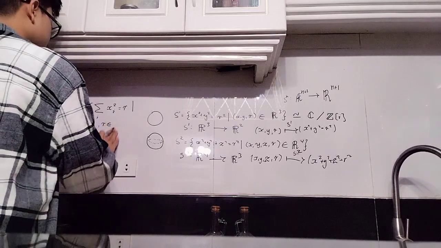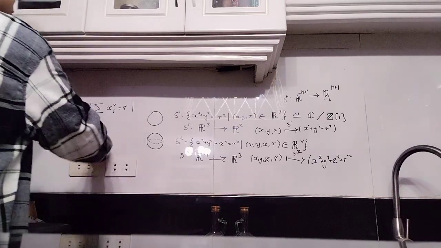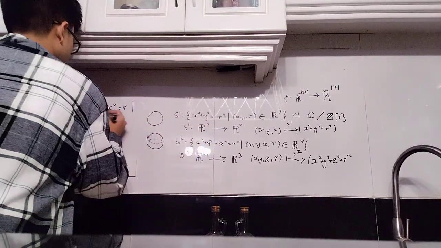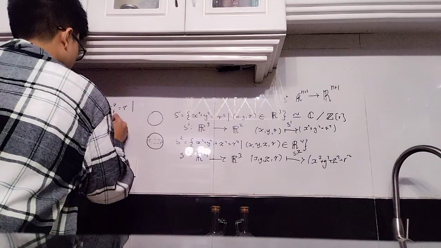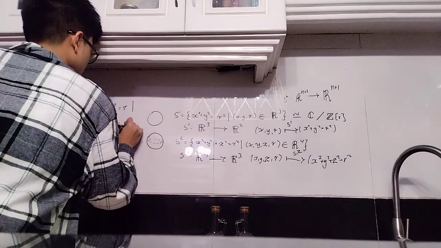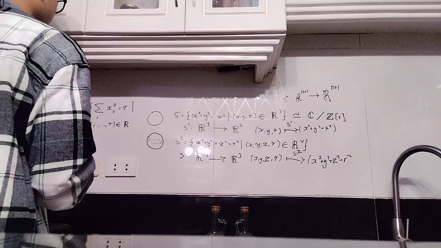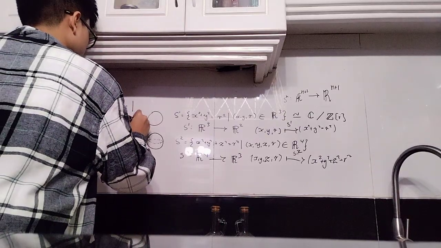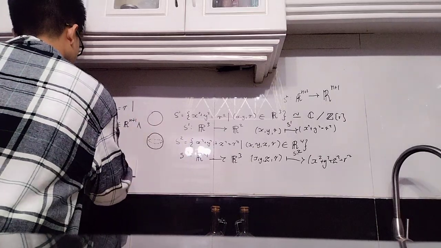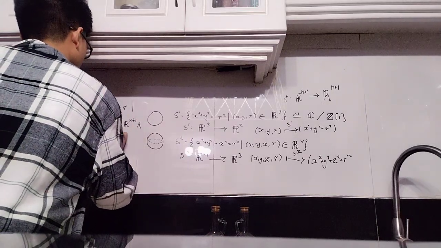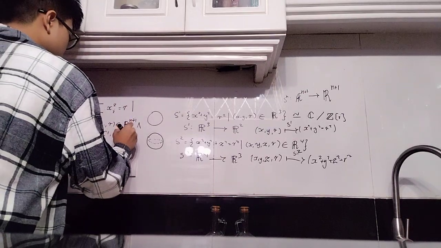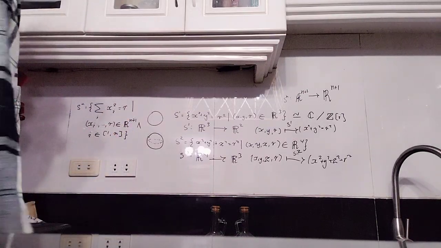Or if we let this range over some value 1 to n, this would be there, and then r would exist in R to the n plus 1 dimensions, and i is indexed by an interval, and then we just say that i is equal to this interval.